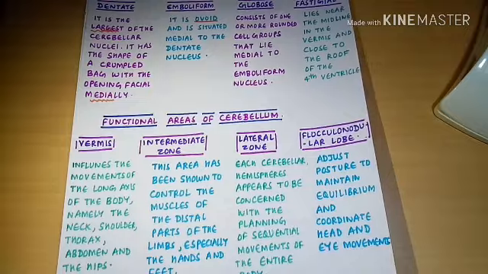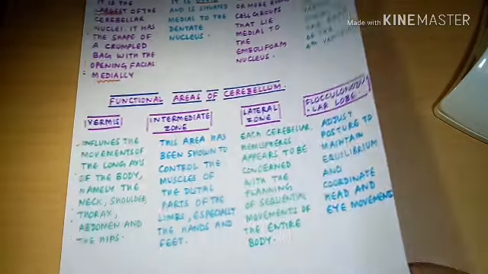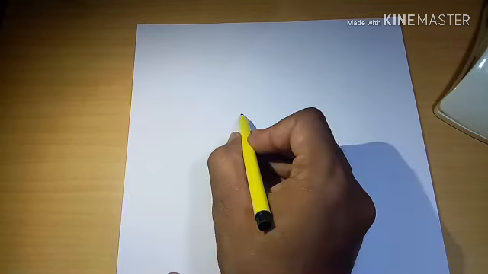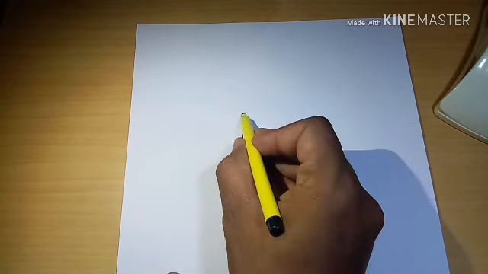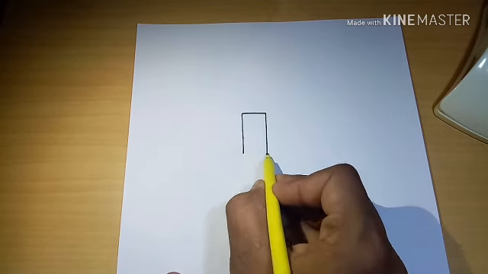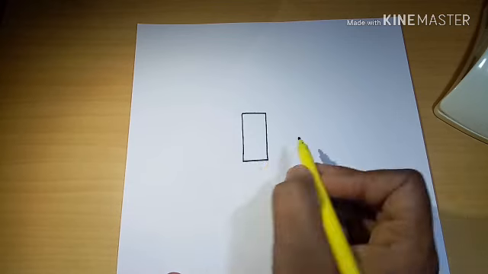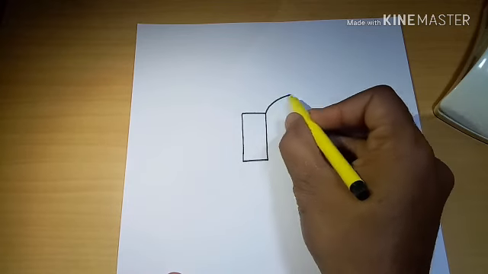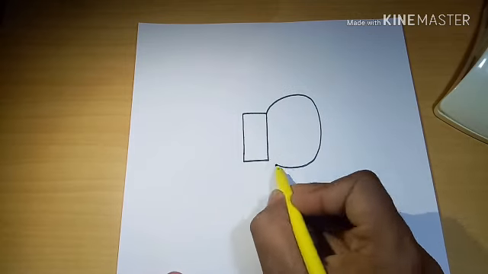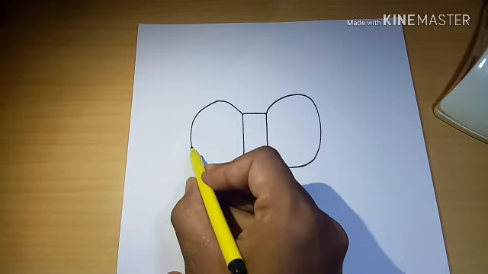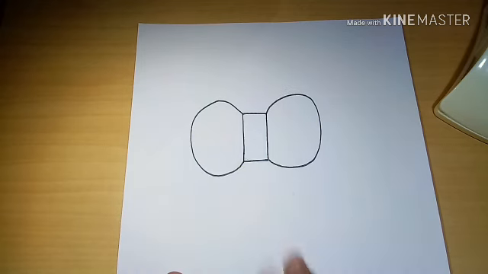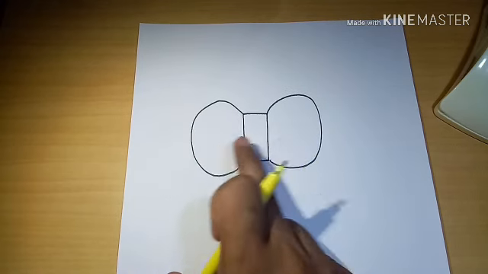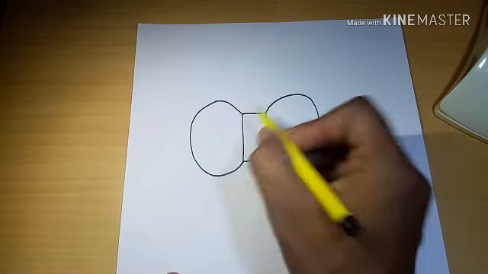So if we are going to draw this, if this is the cerebellum, this is a rough diagram of the cerebellum. This portion of the cerebellum is called the vermis, and these are the two lobes of the cerebellum.